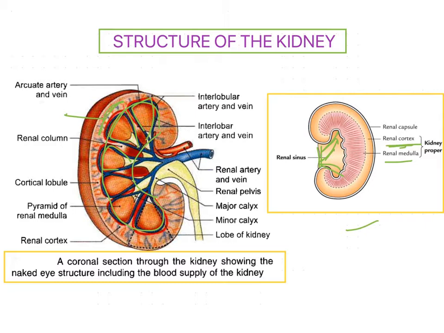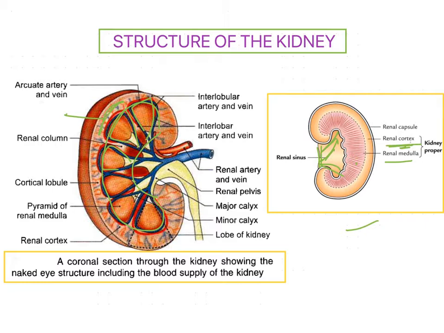So what are the parts of the kidney in coronal section? We can see the outermost layer as the renal cortex, which is granular in appearance and reddish brown in color, whereas the inner layer is the medullary layer, or renal medulla, which shows a pyramidal appearance and is pale in color.